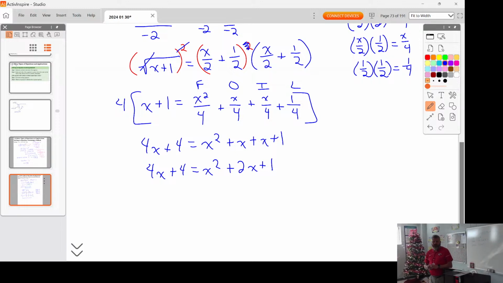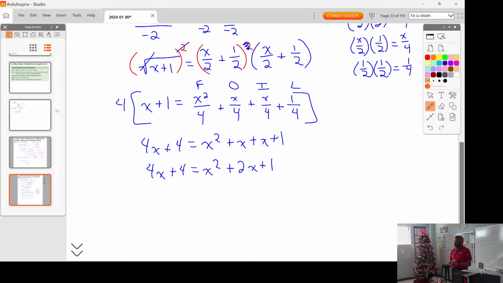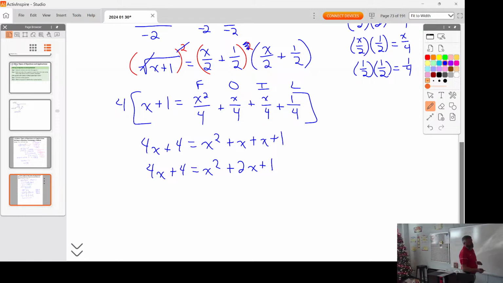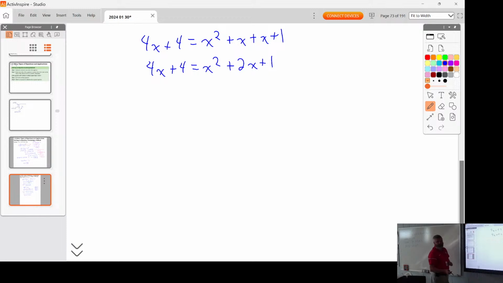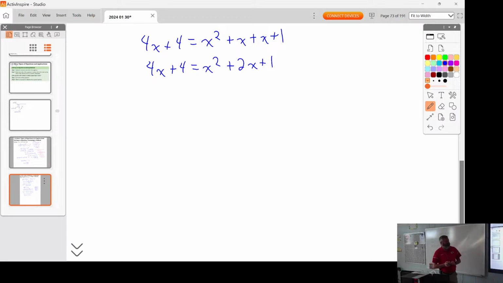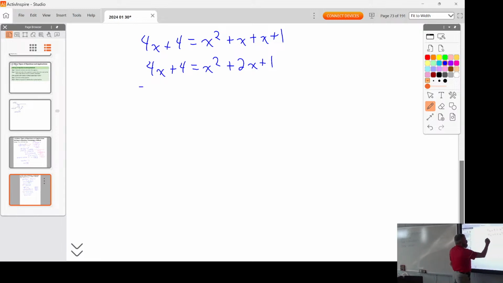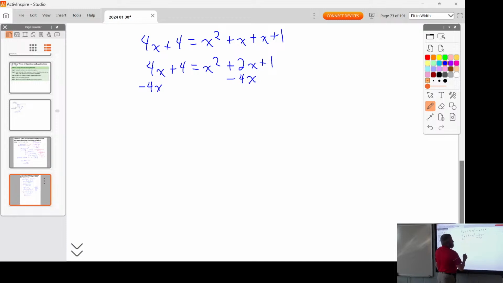Quadratic. Bring everything over to the x squared. Where you lost? Okay. I will subtract 4x from both sides. I will subtract 4 from both sides.